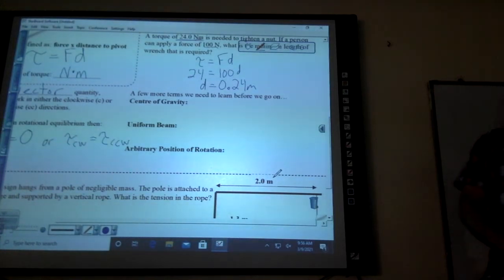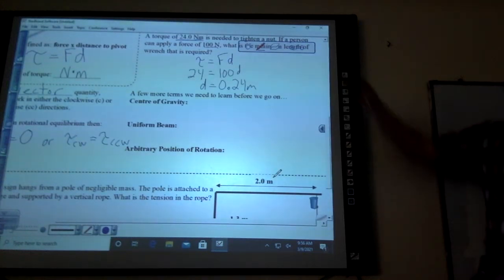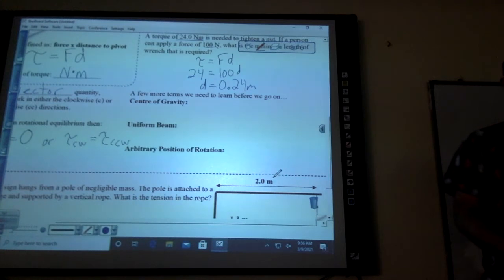Okay, so what's going to happen is we need to now talk about 3 different items, because these are going to be important in dealing with torque. So first of all, center of gravity. What's center of gravity? Where you can draw FG where all the force of gravity meet.